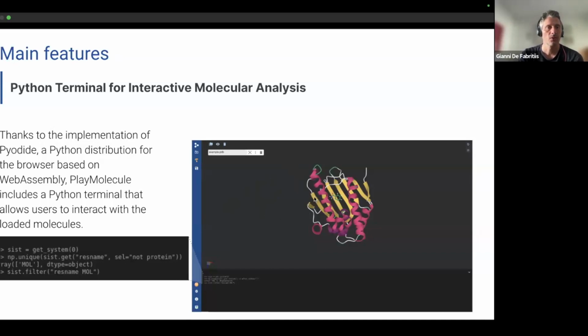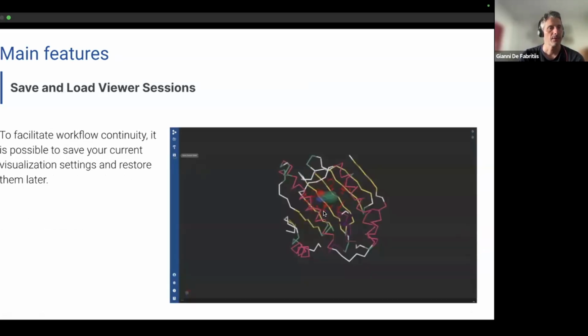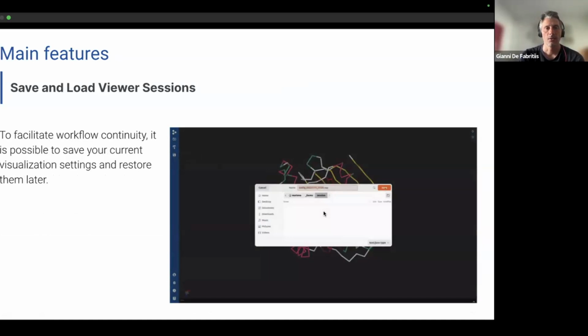You can even install this on your computer if it's Linux. It's based on WebAssembly, so I can run Python inside the browser, and you can have Python systems here and do all sorts of filtering, representations, and changes. And of course, you can visualize everything. On top of that, you can save and load sessions.